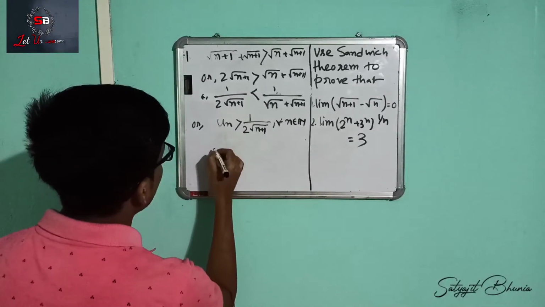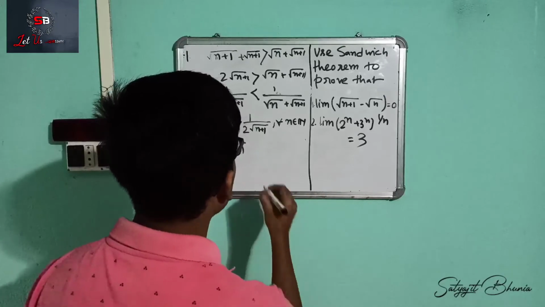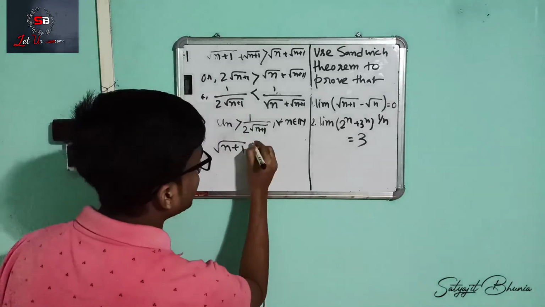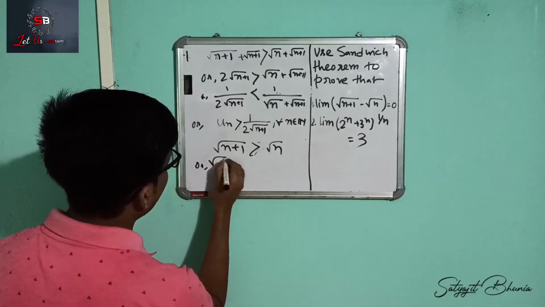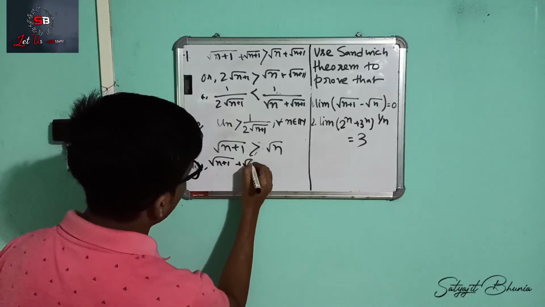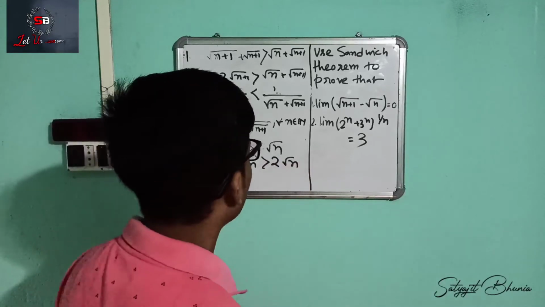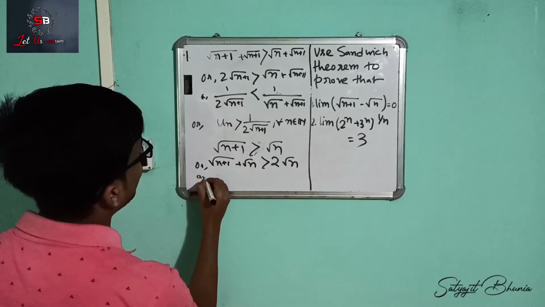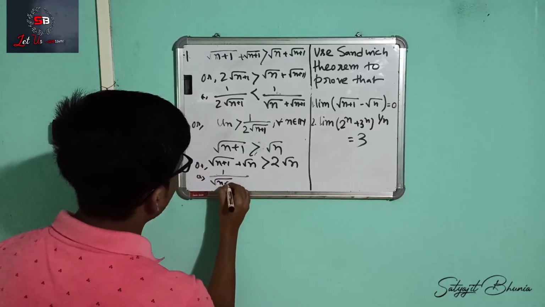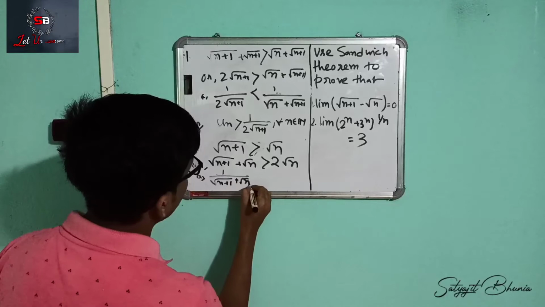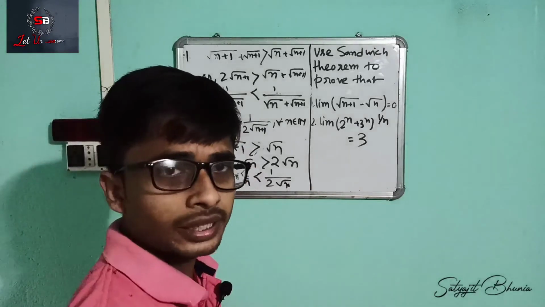Again we have root n plus 1 is greater than root n. If we add root n on both sides, we will get 2 root n, or 1 by root n plus 1 plus root n is less than 1 by 2 root n.